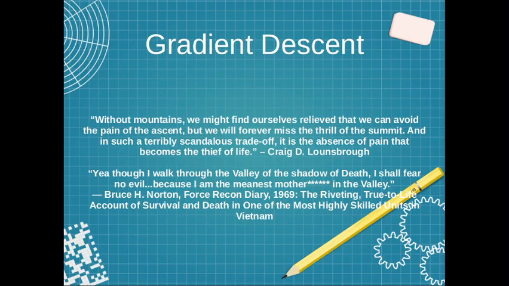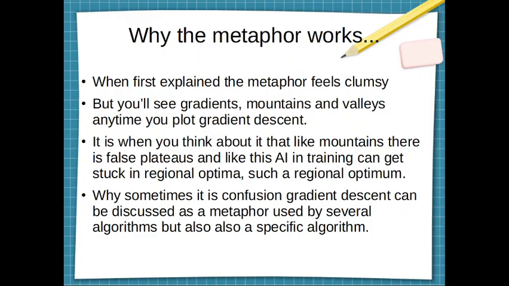So, having set out my case of why I'm talking about this metaphor, I'm going to move through the maths and try and convince you that I'm not completely crazy, though I may fail. The metaphor feels clumsy, but think of it like this. In a very multi-dimensional neural network, there are going to be plateaus and points where the AI can get stuck in training, it can get lost.